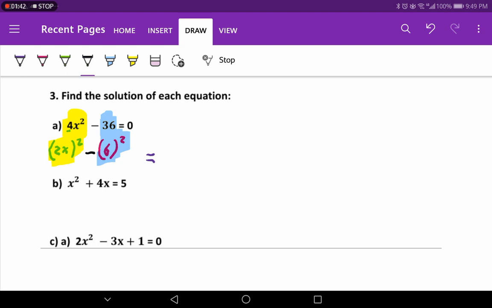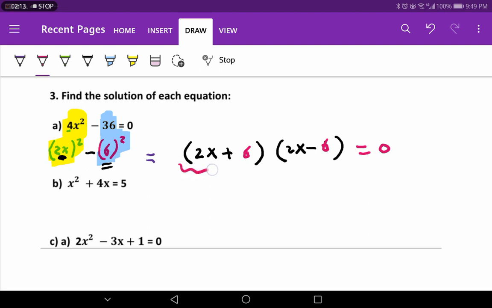First of all, you have to open two parentheses, and the first term here gives 2x here and 2x here, and because it's a difference between two squares, one positive and one negative, and the last step is 6 here and 6 here. Actually, if you reach here, you are not finished. You need one more step.